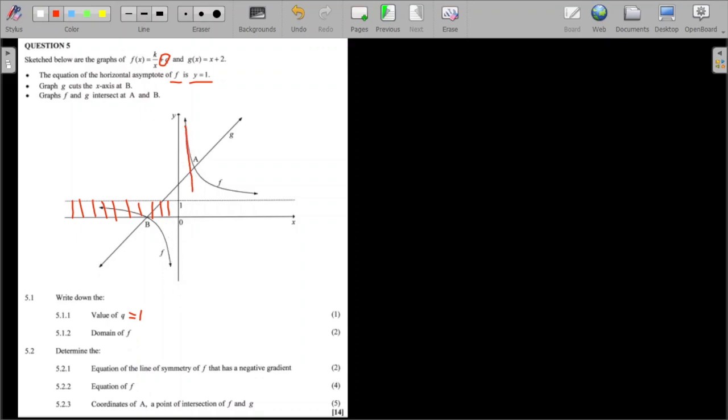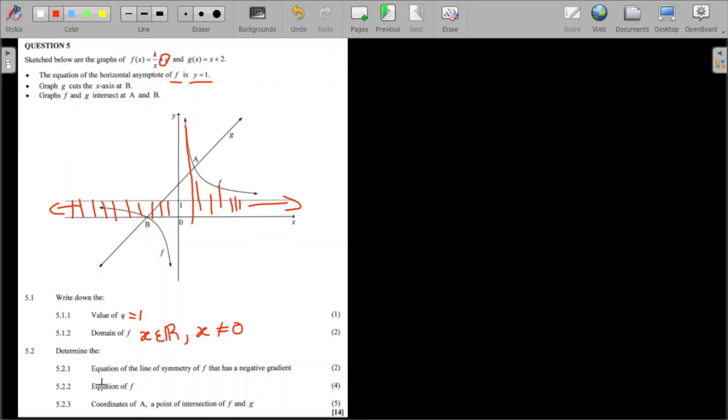And then coming back on this side, the values of x here go this side and also this side, but they don't touch this value of x that is here, which is 0. So my domain is x is an element of the real numbers, but x will never be equal to 0. That's my domain.